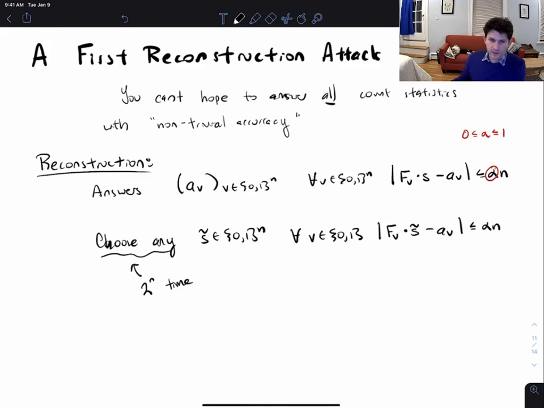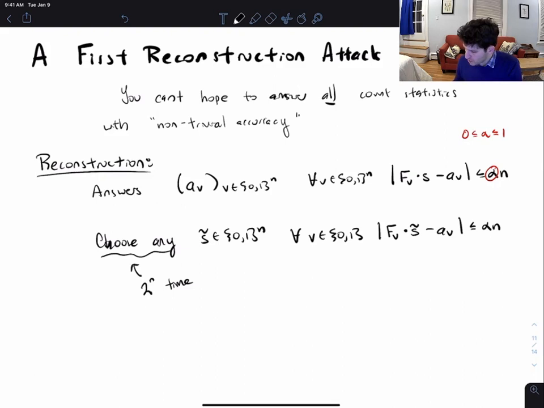The other thing to note is that there's always at least one such vector S tilde, because the true vector S satisfies this property. So we're never going to search through all the vectors S tilde and find out that there is no feasible choice. There's always going to be some vector that's consistent with the information we have, because we know the true vector of secrets is such a thing.